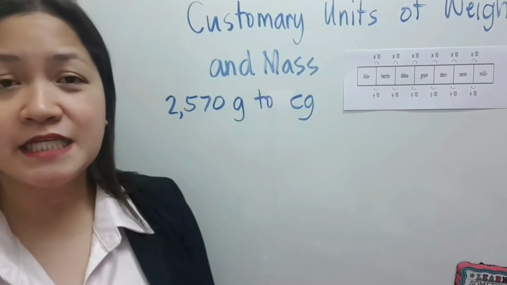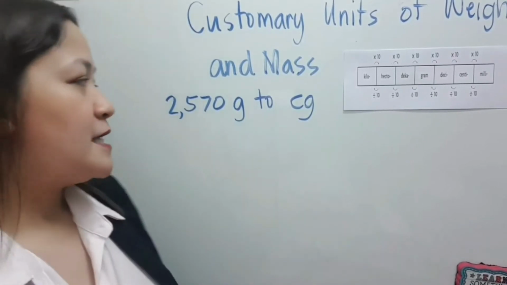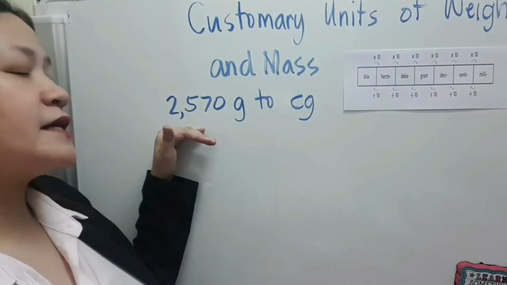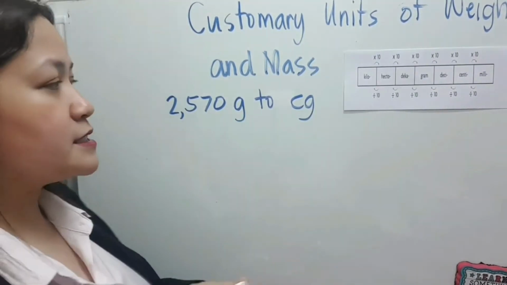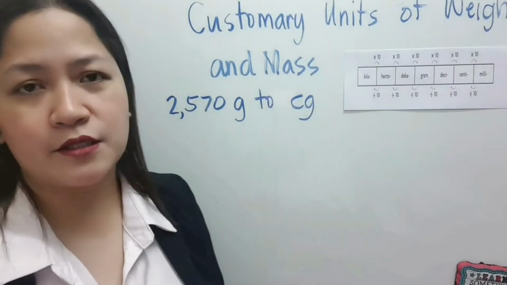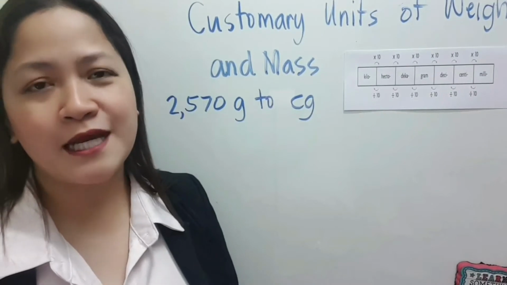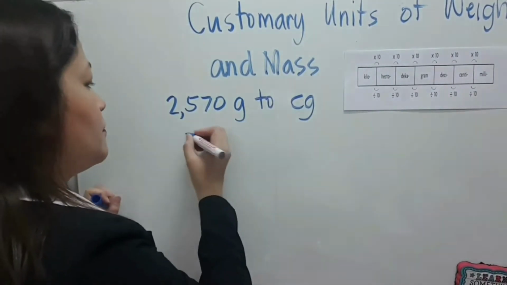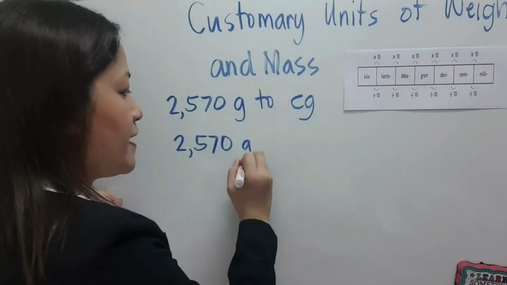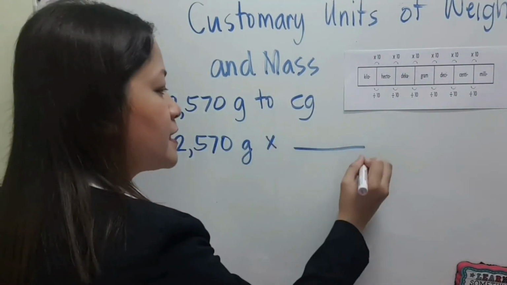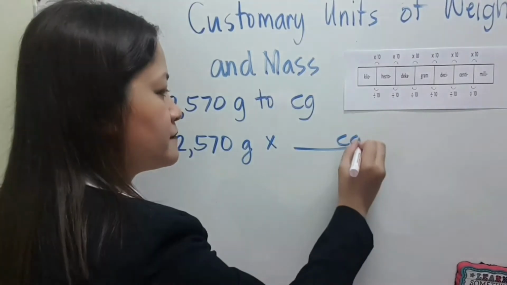So let us proceed to the metric units of weight. So we need to convert 2,570 grams to centigrams. Now let us use the conversion factor that you can find on page 328. So that is 2,570 grams times, grams will be here and centigrams above.